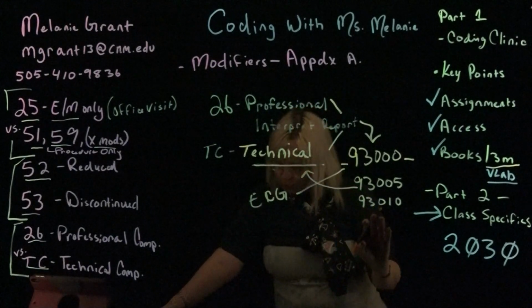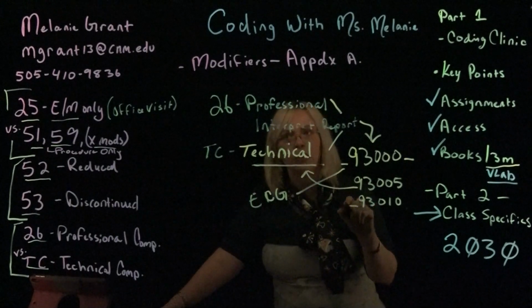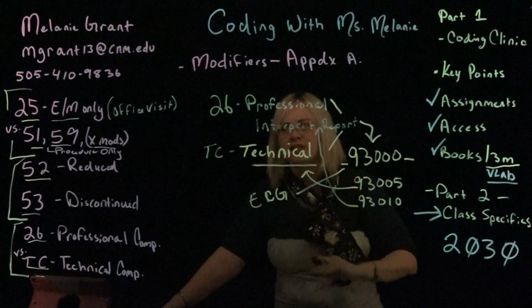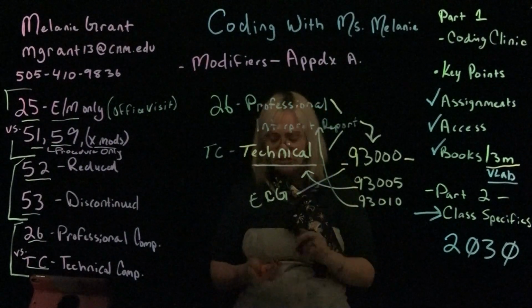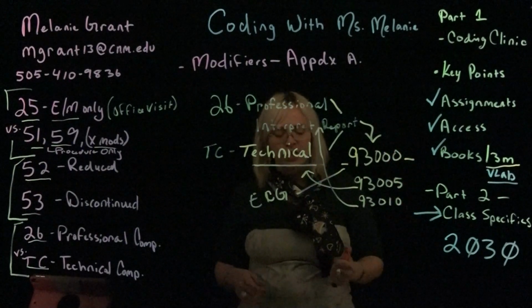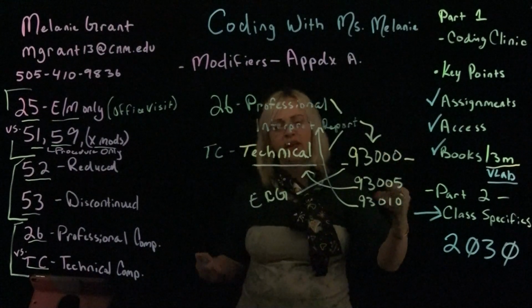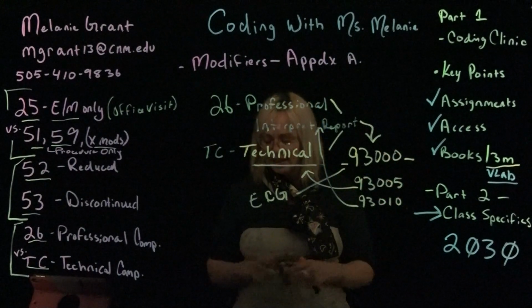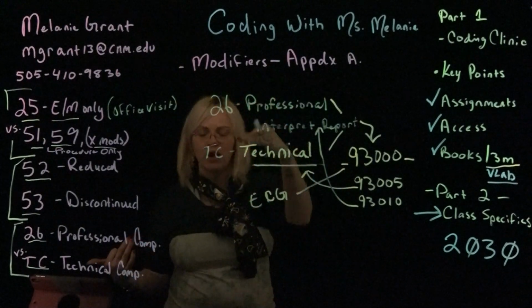And 93010 is interpretation and report only, which is your professional service. So that can get a little confusing because there are codes like EKGs or ECGs which include breakdowns. One of your jobs as a coder is to determine, is there a code that gives me all the components that I need, or do I need to modify the code description by indicating a modifier?